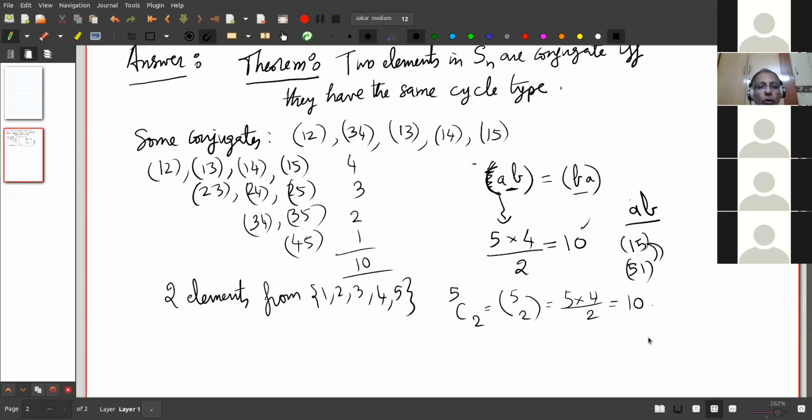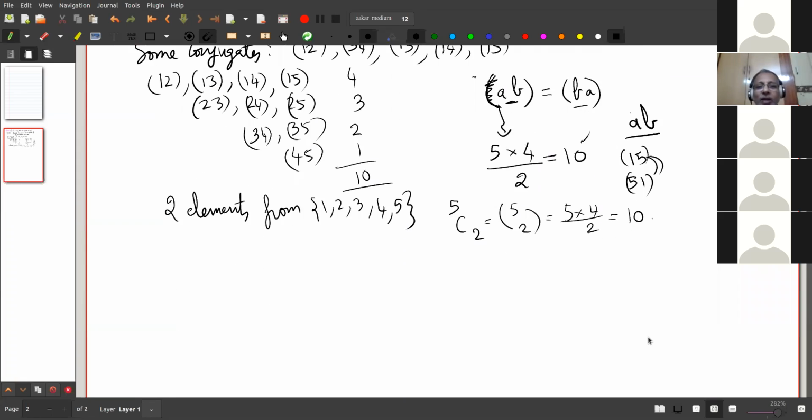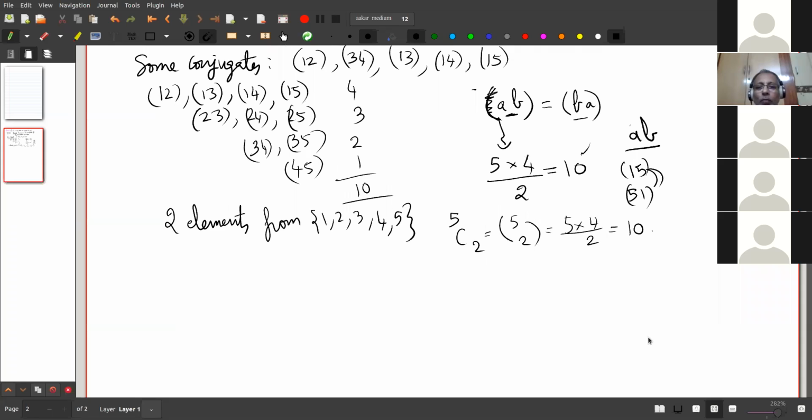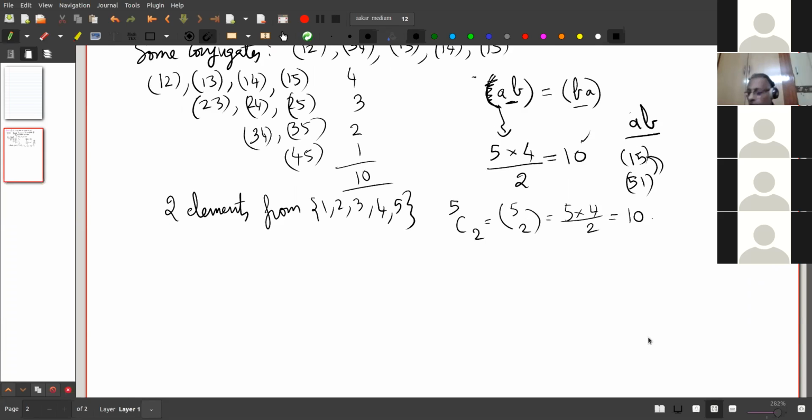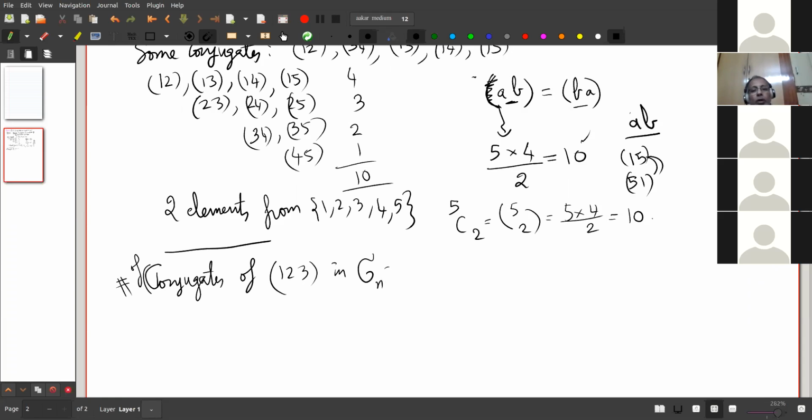That's another way of thinking about this problem. Okay, so good. But this is only a very baby case. Madam, please, what else did you try? Let's try: how about 1, 2, 3? The number of conjugates of this cycle 1, 2, 3 in Sn.